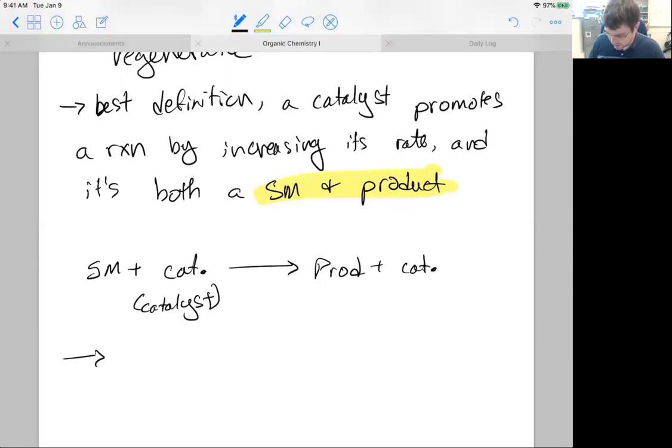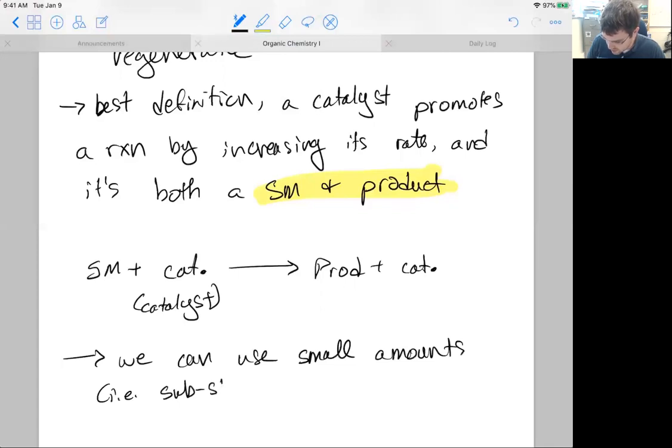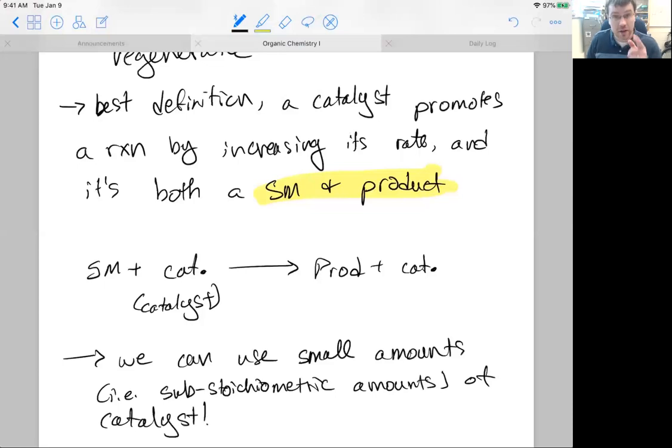Something that's special about a catalyst is we can use small amounts, that is, substoichiometric amounts, of catalyst. This is very exciting.